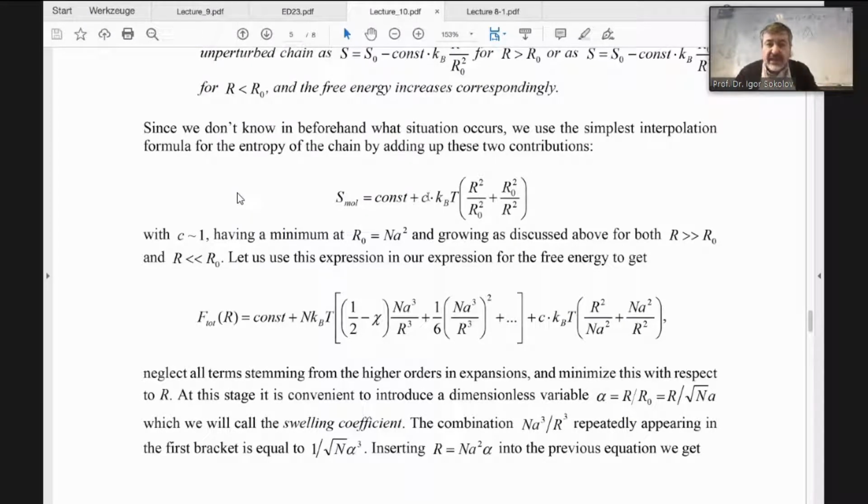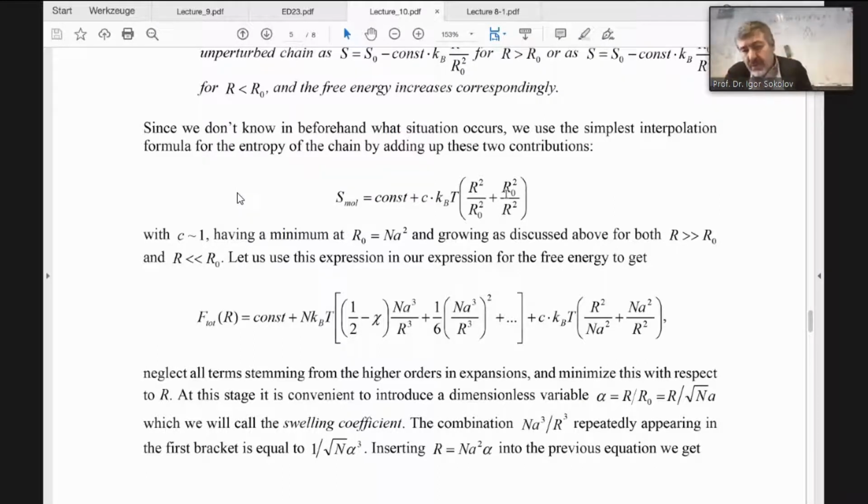It has correct dimensional dependencies. k_B and T are not there, sorry, because this is the entropy, this is not the free energy. I simply copied it from here and repeated it. It was a mistake, so T is not there. And this is for a chain pulled at the ends, and this is for a chain squeezed in the pore.